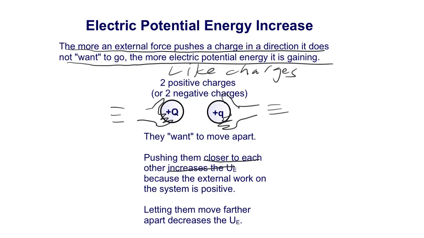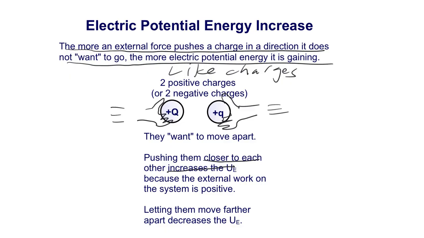So here again, if you had to do work to push two charges in the direction that they don't want to go because they're repelling each other, you're adding electrical potential energy to the system.